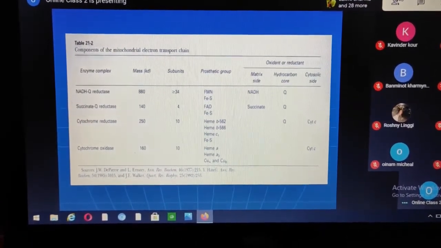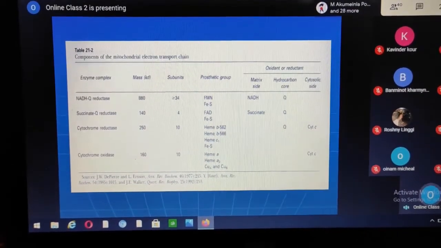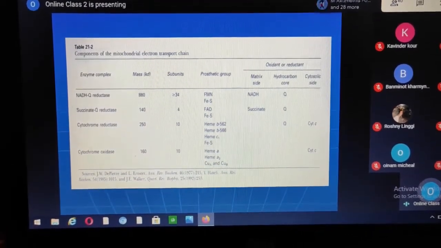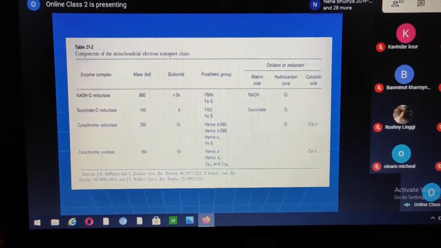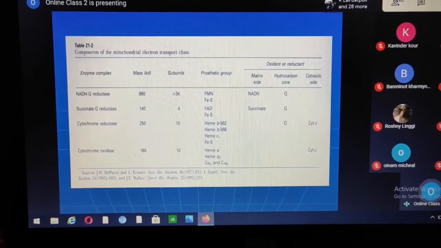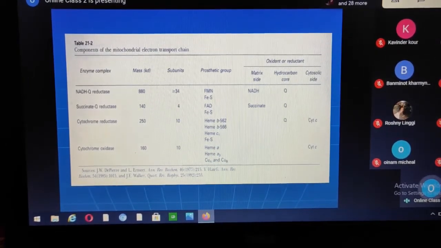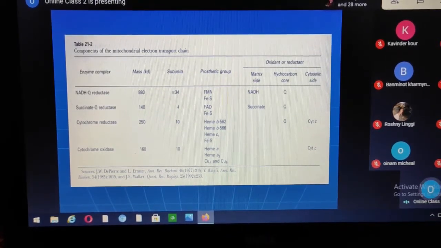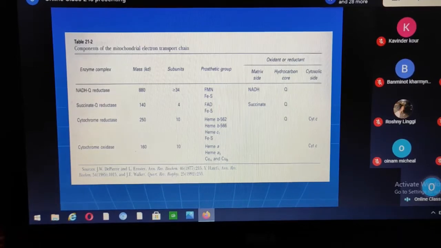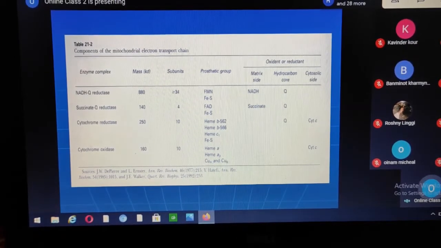So this is the component. Then complex 2, which I have not shown earlier, as I have just shown complex 1, complex 3 and complex 4. Complex 3 is the cytochrome reductase. The molecular mass is 250 and it has 10 subunits. It has 3 types of heme, that is heme B562, heme B566, heme C1, and the iron sulfur complex.